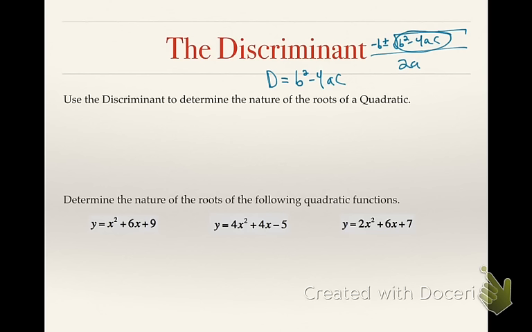So we're going to determine the nature of the roots by looking at the discriminant from the quadratic formula. If your discriminant b squared minus 4ac is less than 0, that means you have imaginary roots. It's also important to point out that they come in complex conjugate pairs.